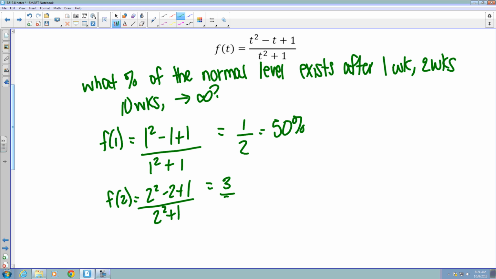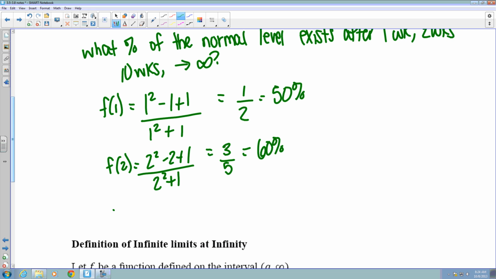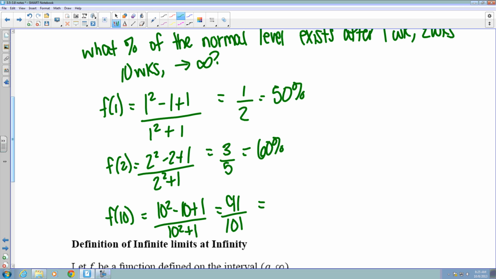This is 3/5, which is 60% of the normal level. Plug in 10 next. Which is approximately 90.1%.